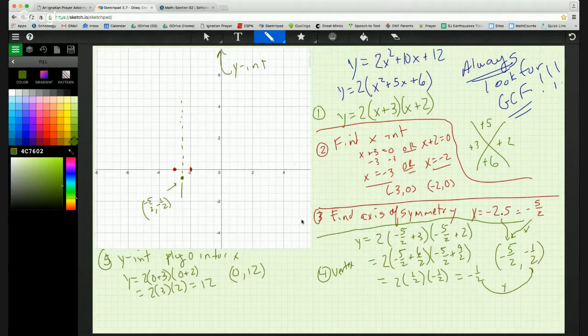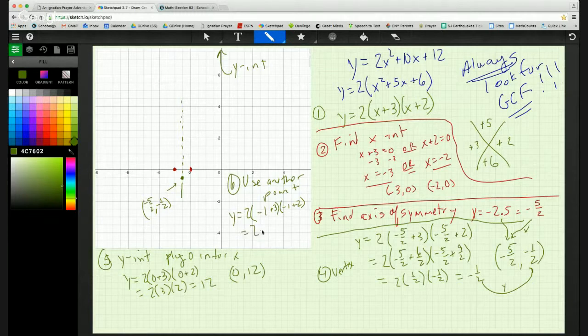So what can we do? We can use another point. So now we're going to go into modified mode and use number 6. Let's just figure out where negative 1 hits. Let's use another point. So we're going to use negative 1. Let's use our formula and say y equals 2 times (-1 plus 3) times (-1 plus 2).